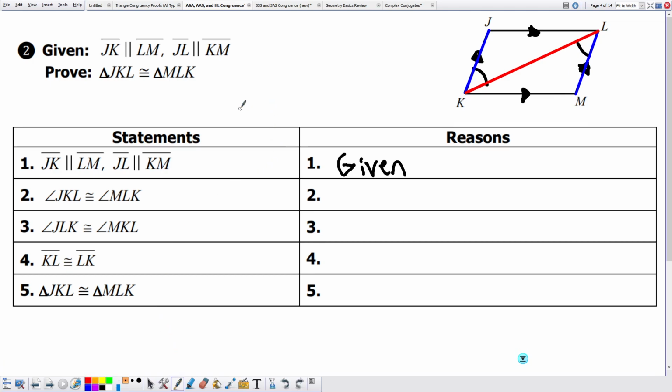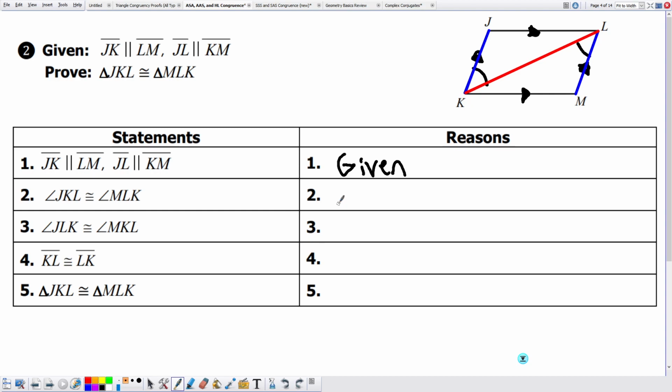Now, if we observe the parallel lines marked in blue, we note that the two angles are on the interior, that inside section of the parallel lines. However, in terms of the transversal, the red line, they're on alternating or opposite sides, right? And one of the facts we know about these parallel lines is that alternate interior angles are always congruent.